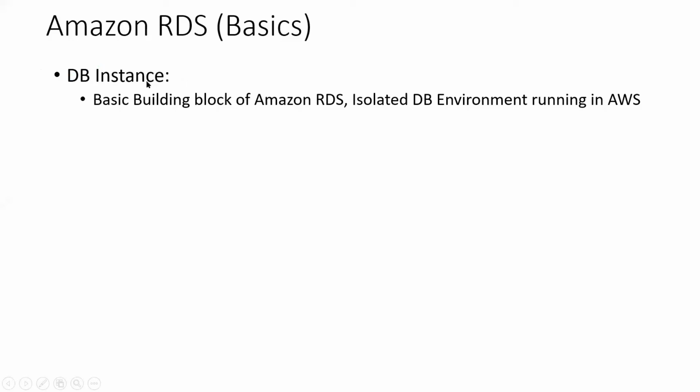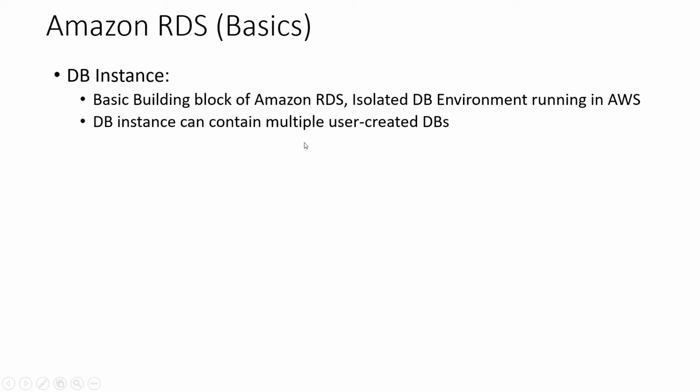But when you see this DB instance, you need to understand this is something which is running in the background on which your RDS or your database engine is running. Okay, that's what is called the basic building block of Amazon RDS, and it can be termed as an isolated database environment running in AWS. Then it can contain multiple user created databases.